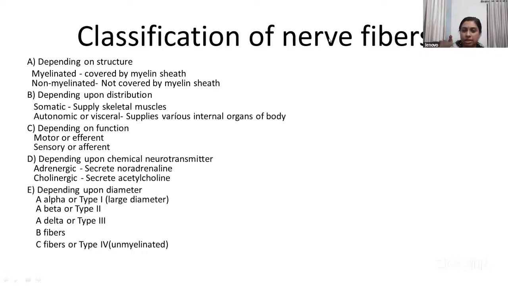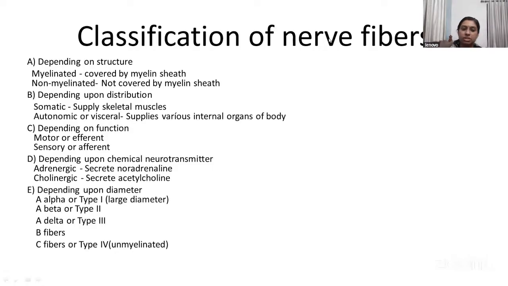Myelinated, as the name indicates, is covered by the myelin sheath, and non-myelinated is not covered by the myelin sheath. And depending on the distribution, they can be classified into somatic and autonomic or visceral. Somatic supplies the skeletal muscles, and autonomic or visceral supply various internal organs of the body.